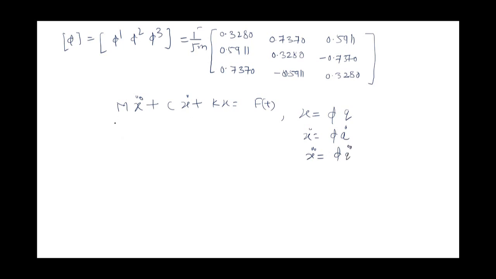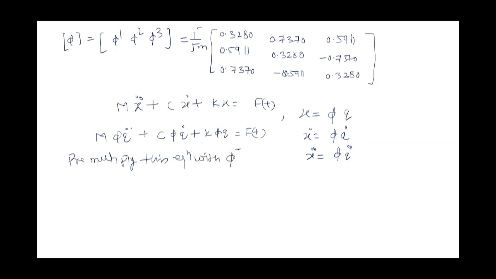If we replace these values into this equation, it becomes m phi q double dot plus c phi q dot plus k phi q is equal to f t, and pre-multiplying this equation with phi t, we have phi t m phi q double dot plus phi t c phi q dot plus phi t k phi q is equal to phi transpose f t.